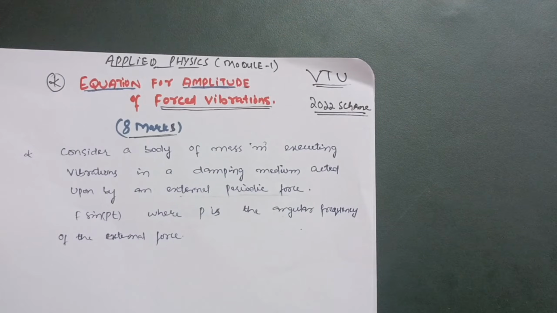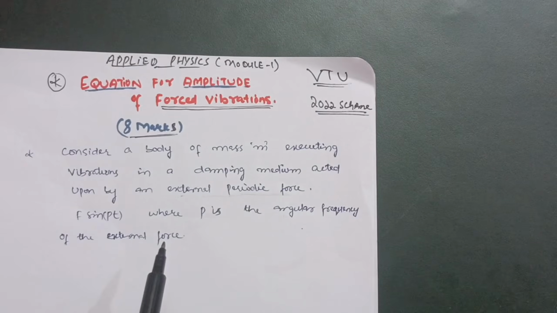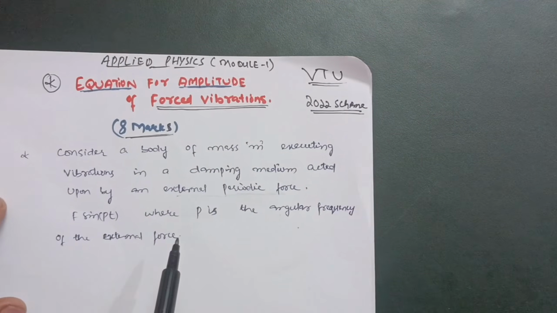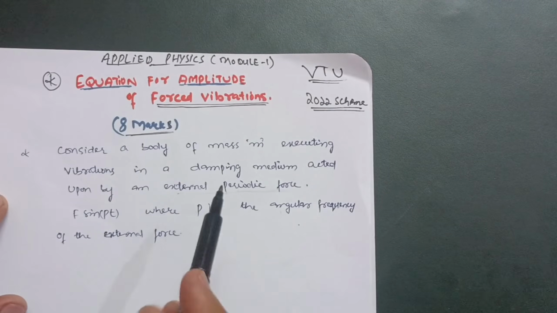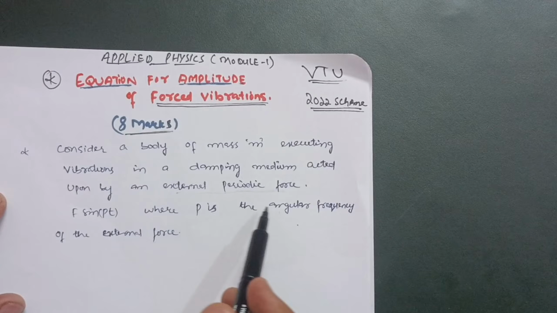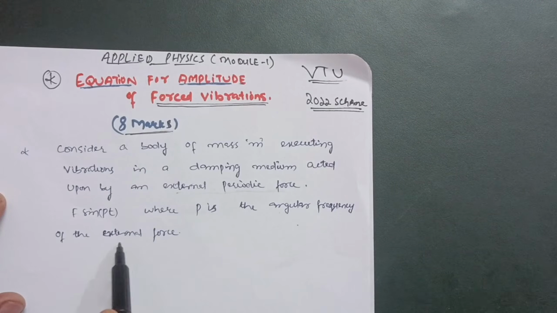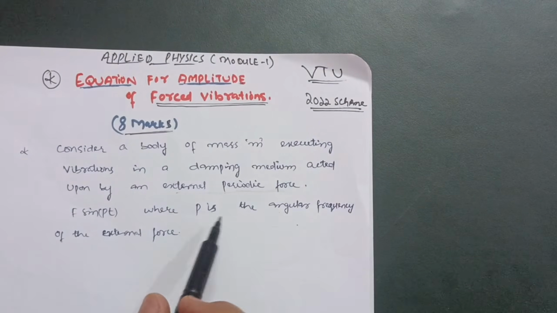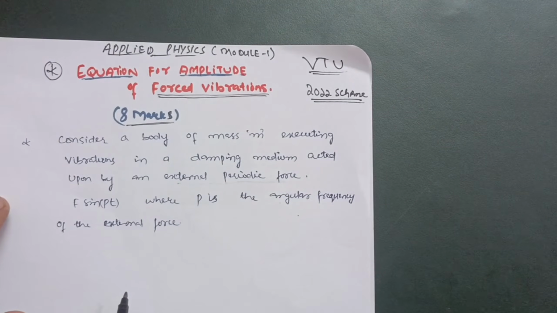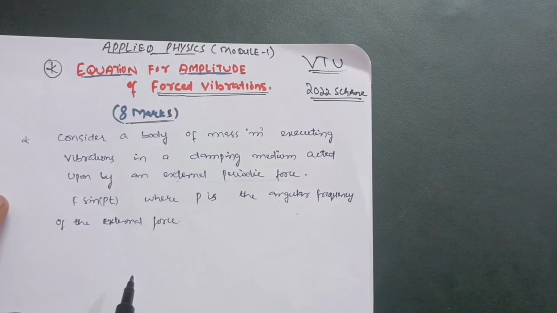Eventually in damped oscillations the body comes to rest, but in forced vibrations the periodic force is continuously acting on the body. That periodic force is given by F sin pt, where p is the angular frequency of the external force. The only difference is that the periodic force is acting, and the resistive and restoring forces are also acting in this system.